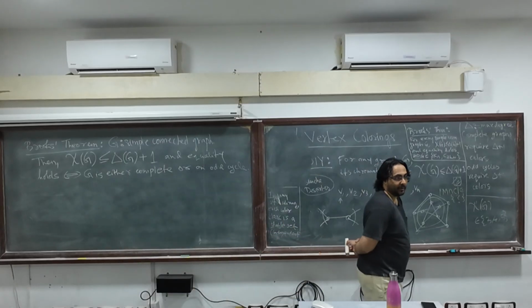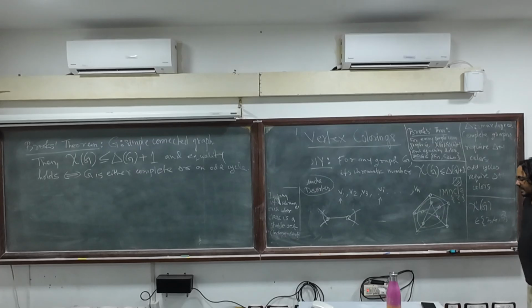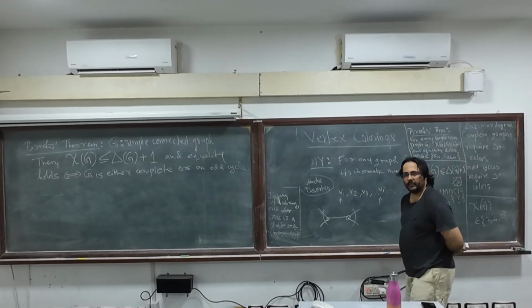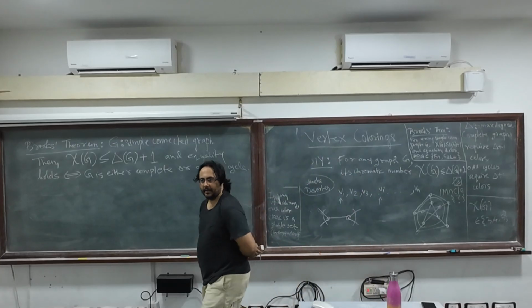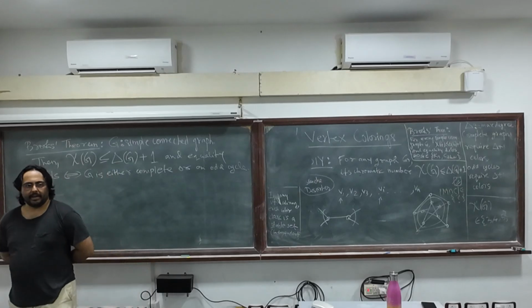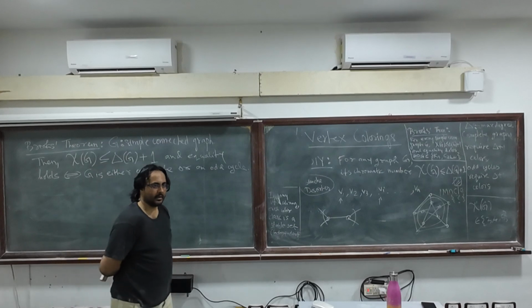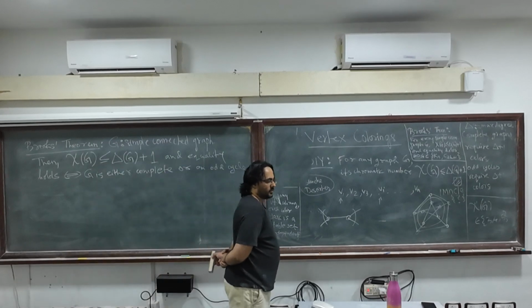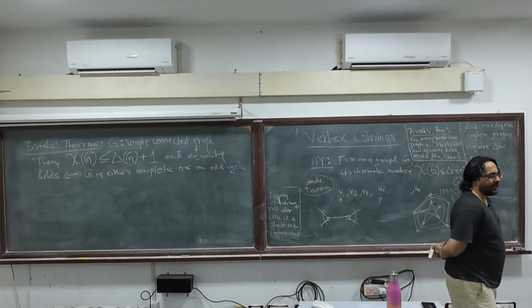Of course, this is also true for complete graphs, but you can see why it is not as interesting for complete graphs, right? Can we prove something like this? Can we prove that every simple connected graph has a coloring of its vertices using delta plus 1 colors so that at least one color class has cardinality at most 1?